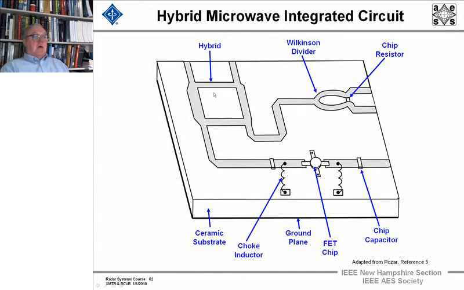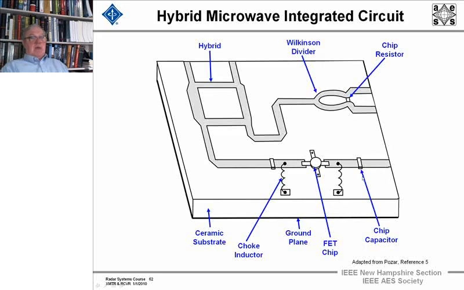Here's a re-rendering of a picture of a hybrid microwave integrated circuit taken from Pozar's reference 5, and I redrew it in Adobe Illustrator. Here's the ground plane, a ceramic substrate, and here's a choke which is attached here and here.